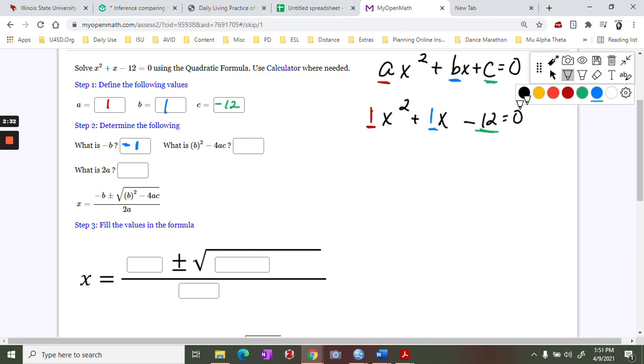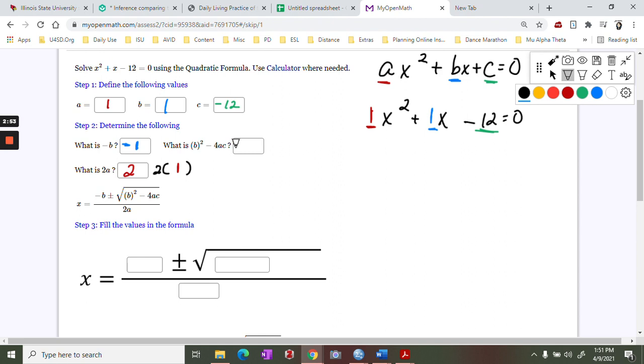My 2a, I'm going to take that 2 and multiply it to my a value. So 2 times 1, this position then is 2. My 2a is 2.